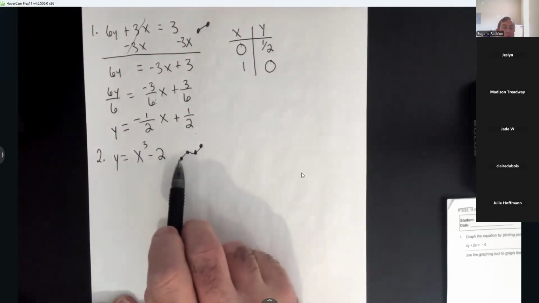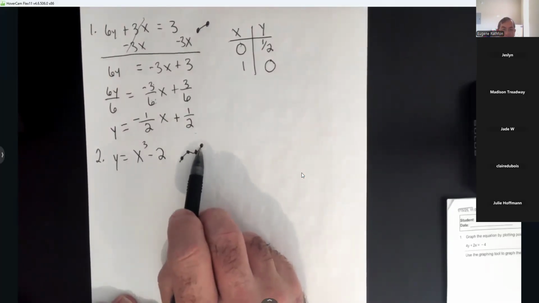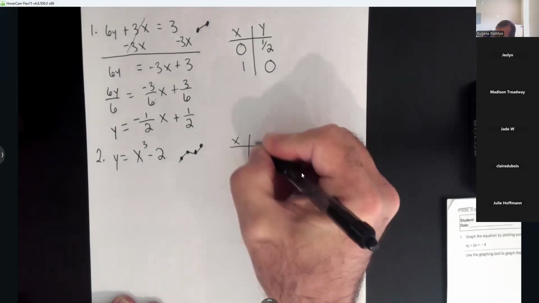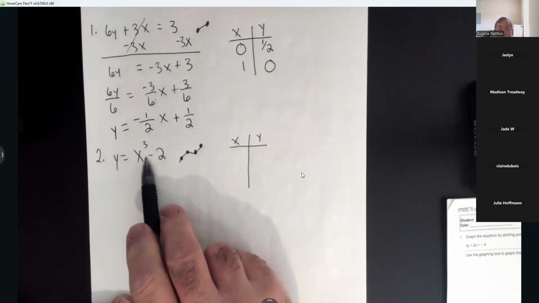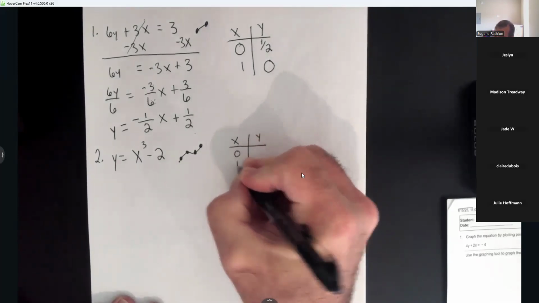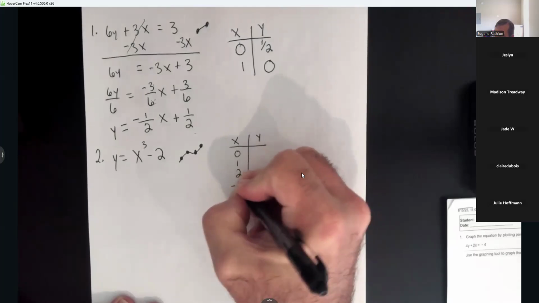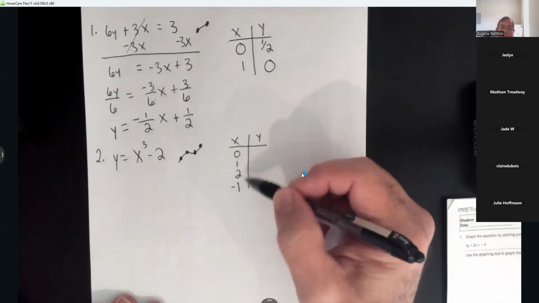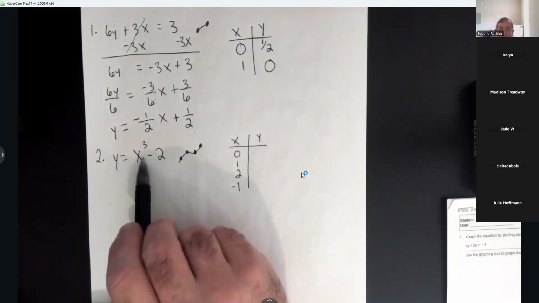So for number 2, you got to find 4 points, okay? Now, since these are cubes, I'm going to do 0, 1, 2, and -1. So y'all, these are the best 4 numbers to use on your cubic every time.